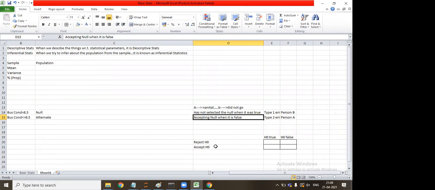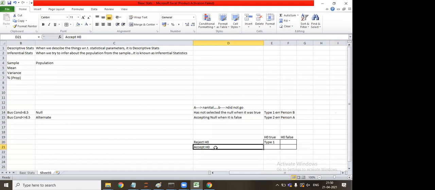So when null is rejected when it is true, what kind of error is it? Type 1. When null has been rejected when it is true, then it is type 1 error.